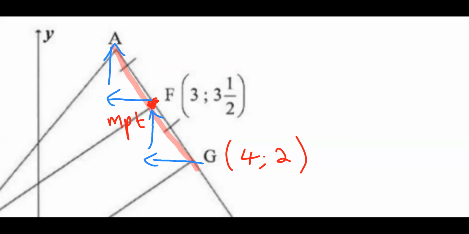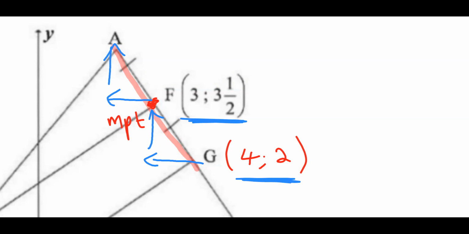So, Dominique, can you tell me how many units does point G go to the left? How many units does it go up? And then if you do the same to F, what is A's coordinates? So point G goes to the left. Oh wait, so are you just referring to, from point G to point F, if you look at the coordinates of point G to point F, how many units does it go to the left and then up?